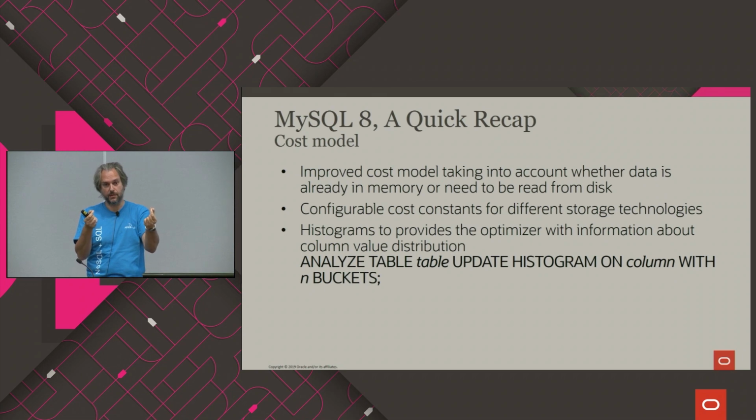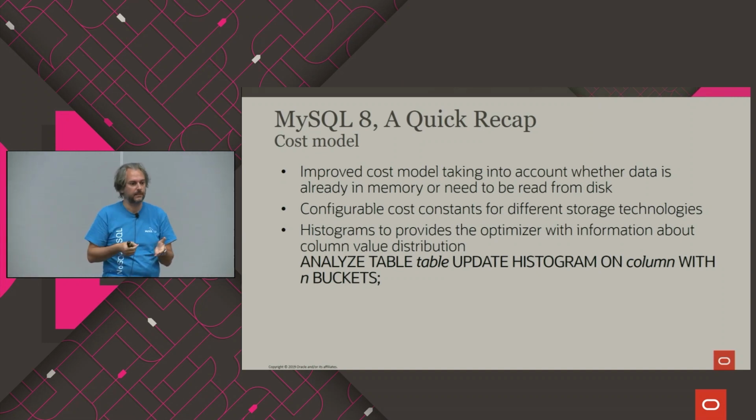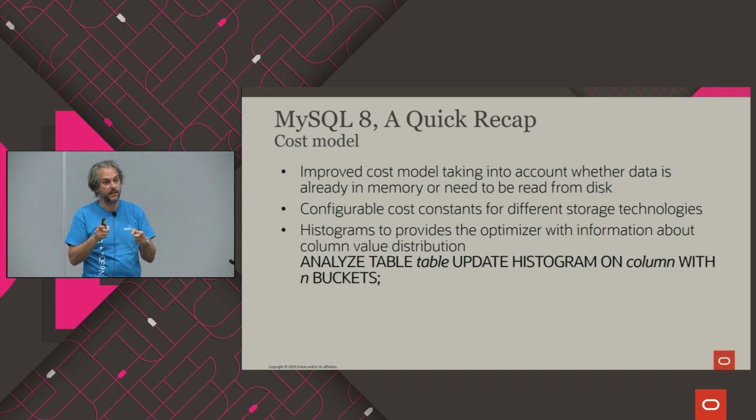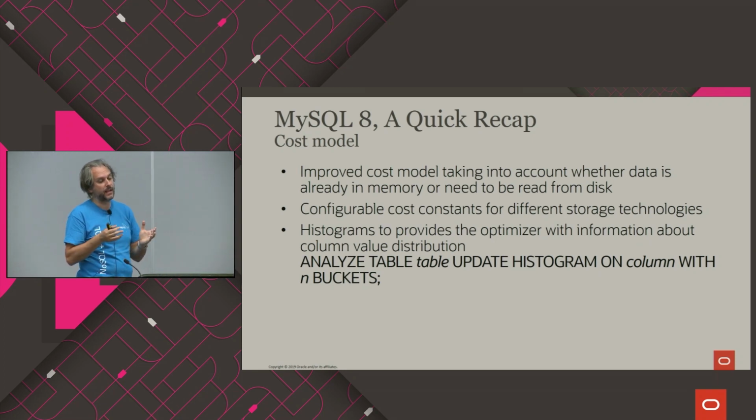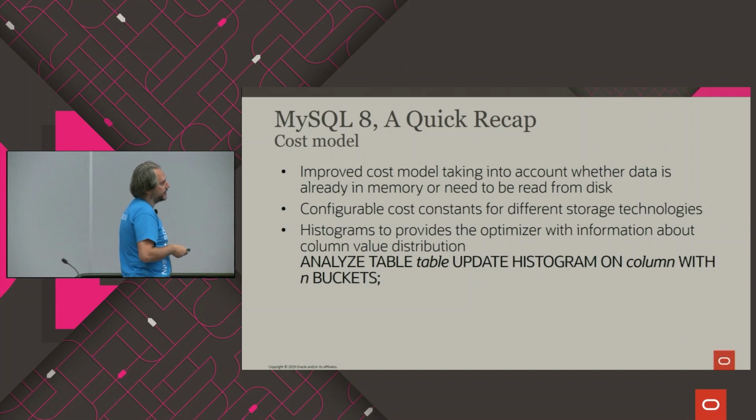Because sometimes, for example with range scans, it may be faster to read from disk, because reads from disk on rotating disks are sequential, and may be faster than scanning in memory. And the optimizer is now capable of distinguishing where your data is, either in the buffer pool or on disk, and taking a decision.